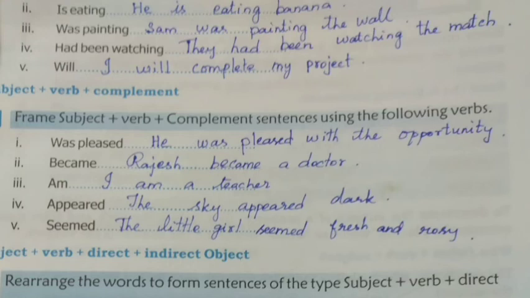Then fourth type of sentence, subject plus verb plus direct plus indirect object. Roman letter 3, rearrange the words to form sentences of the type subject plus verb plus direct plus indirect object. First one, gave me mother for my birthday a pen. How can we write?